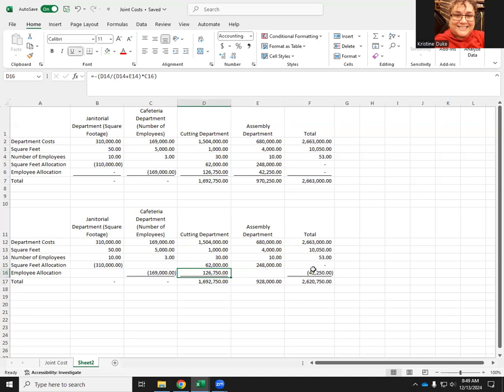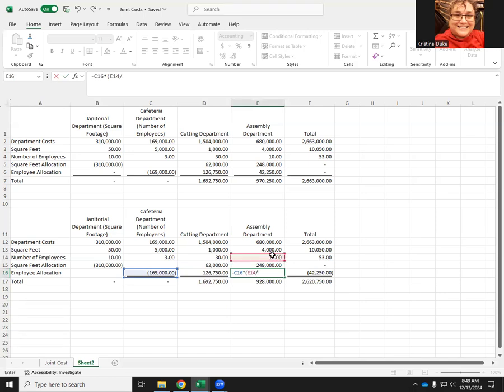You can see this is my double check to make sure I get everything correct. Negative this times this, 10 divided by parentheses 10 plus 30. There we go. So this is my direct method.